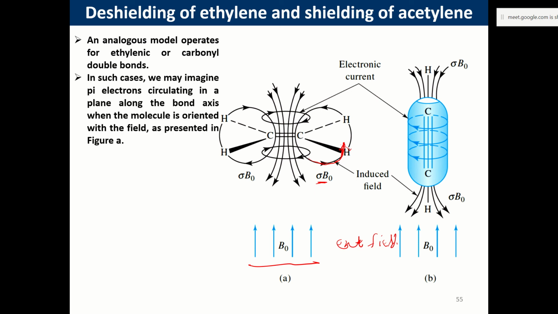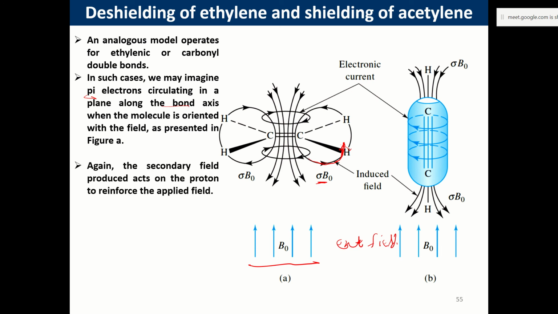So it is the pi electrons circulating in a plane along the bond axis, and a secondary field is created which acts on the proton, again in the same direction.